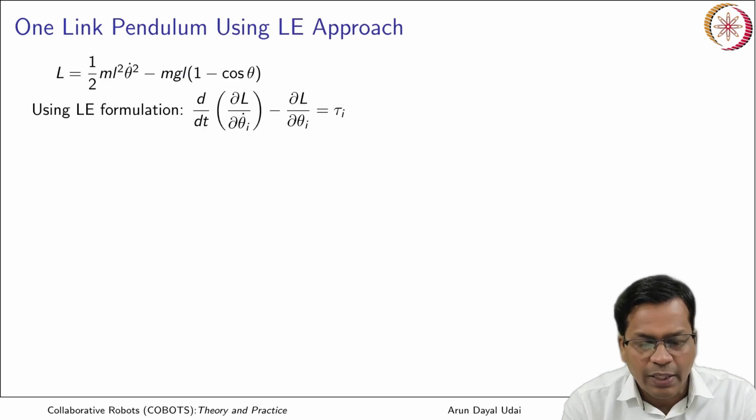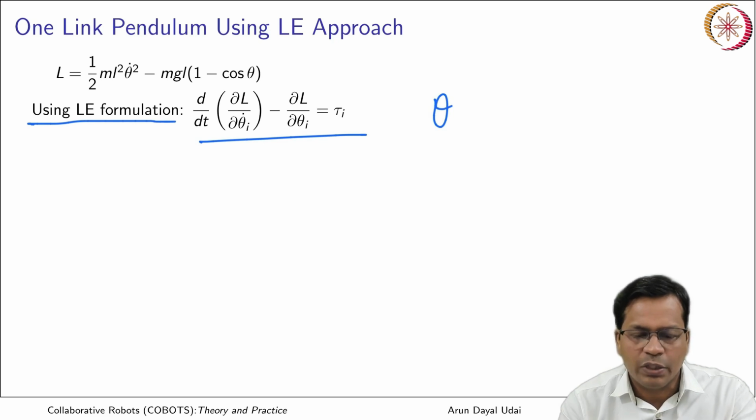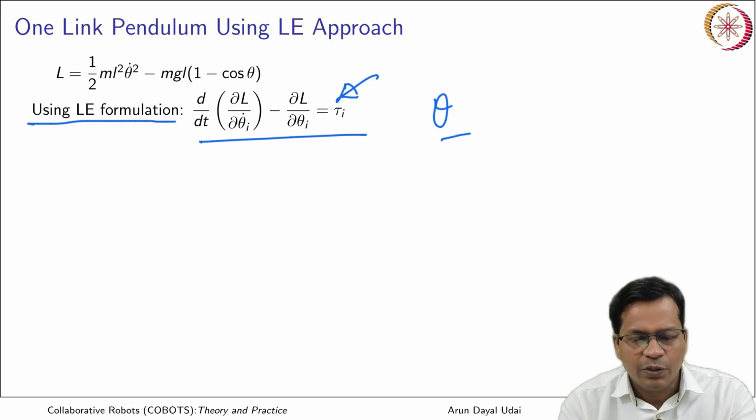Using the Lagrange-Euler formulation, this time it is joint angular displacement, this is rotary motion, and you will obtain tau, that is the joint torque. In the earlier case, in the spring mass system, it was linear displacement and force. Over here it is angular displacement and torque.